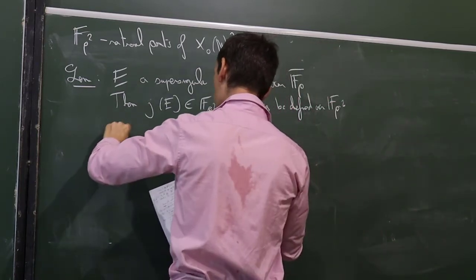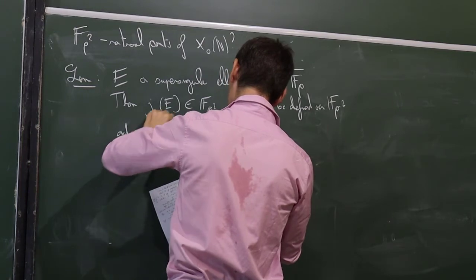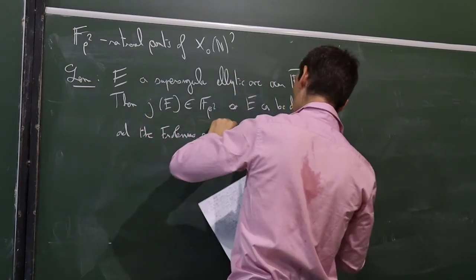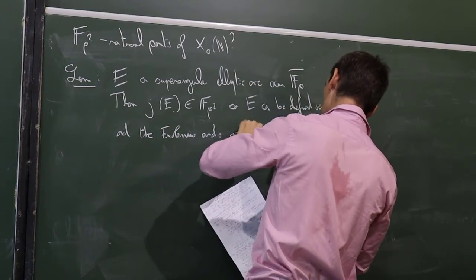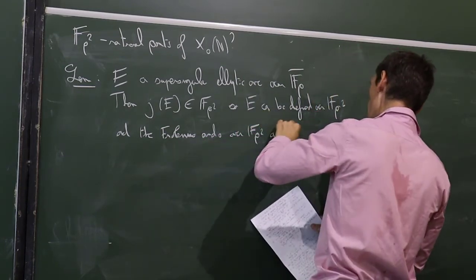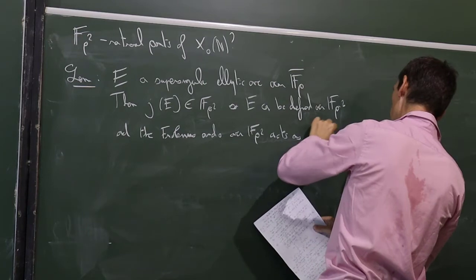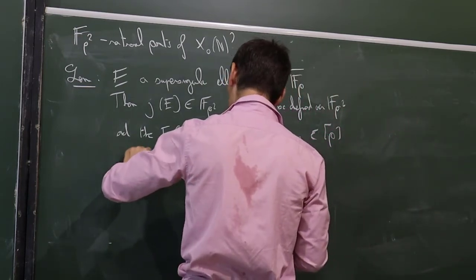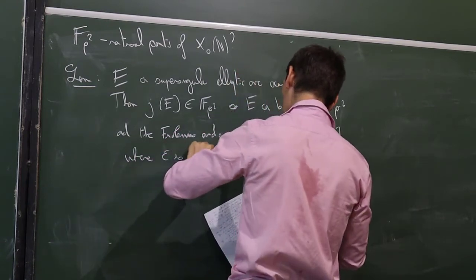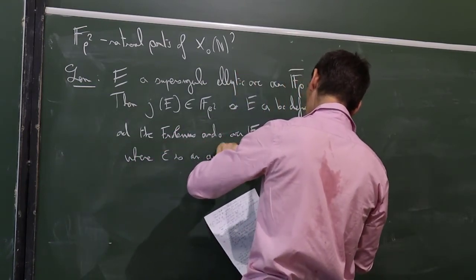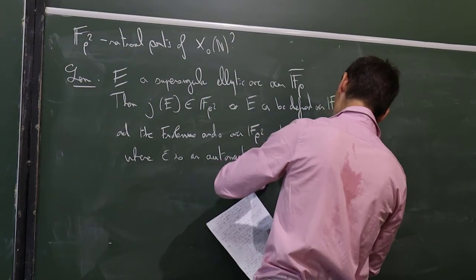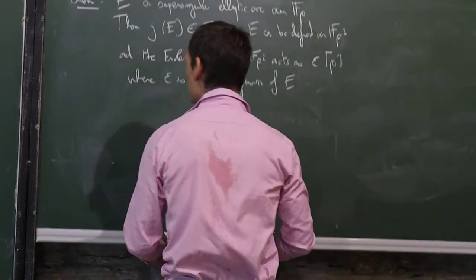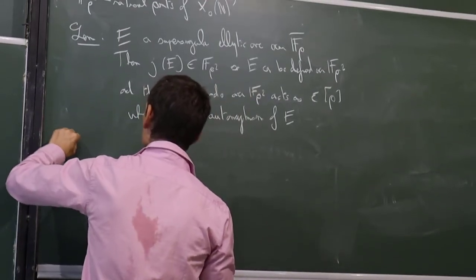And the Frobenius endomorphism over Fp² acts as epsilon times p, where epsilon is an automorphism of E. Okay, let me prove that for you.